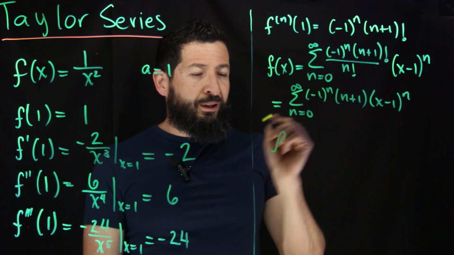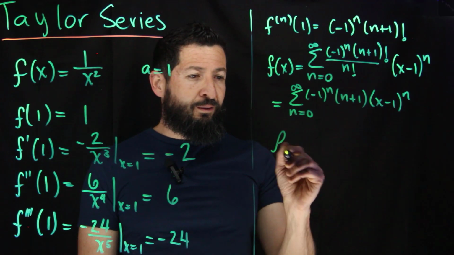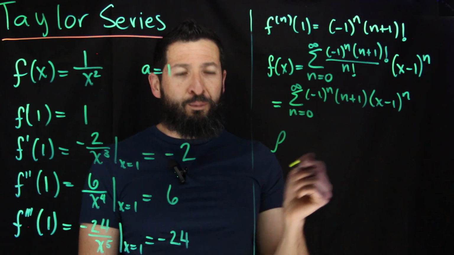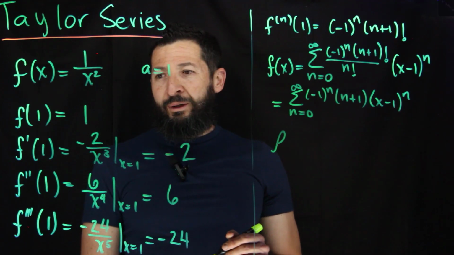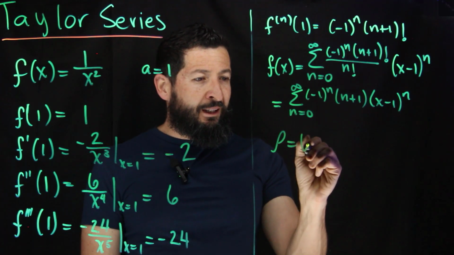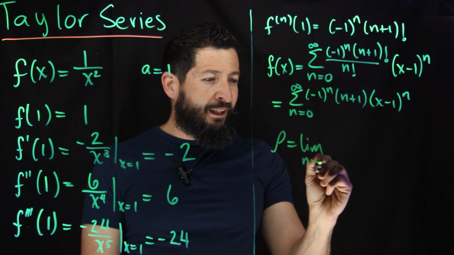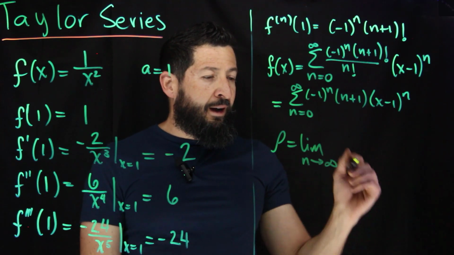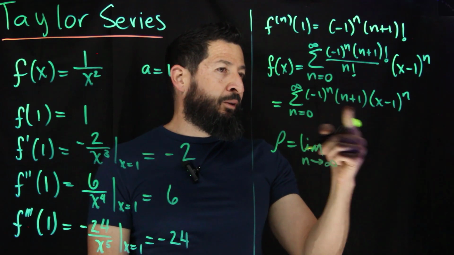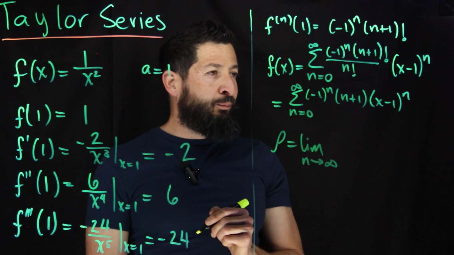So you grab your radius of convergence, and you're going to try to compute it. That's going to be the limit as n goes to infinity of this expression evaluated at n plus 1.